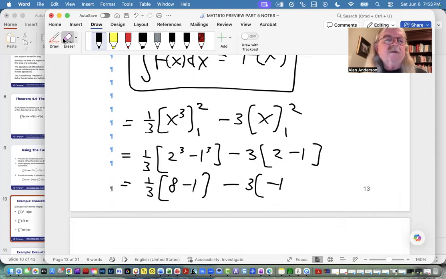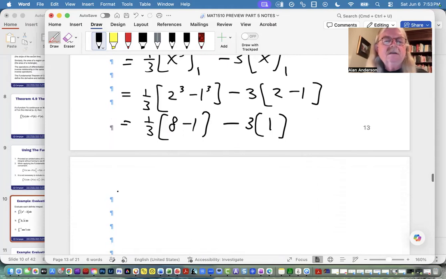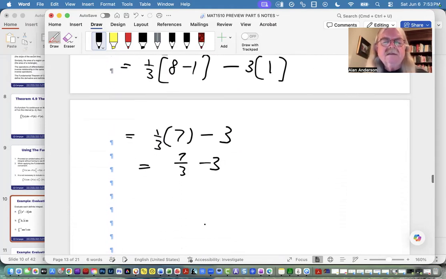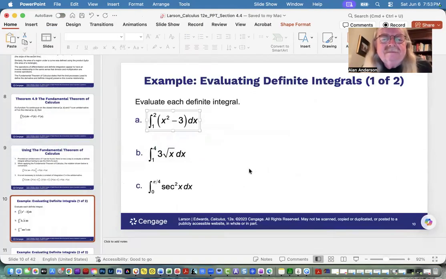Oops, sorry, that's positive 1. 1/3 of 7 minus 3. So we'll rewrite this as 7/3 minus 9/3, and we end up with negative 2/3. Okay.